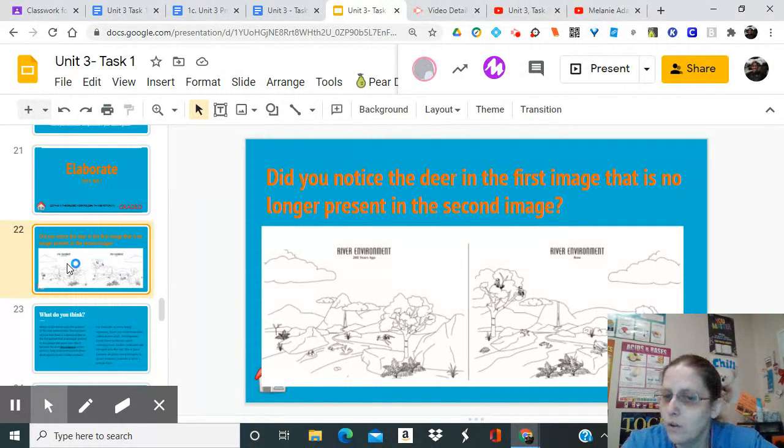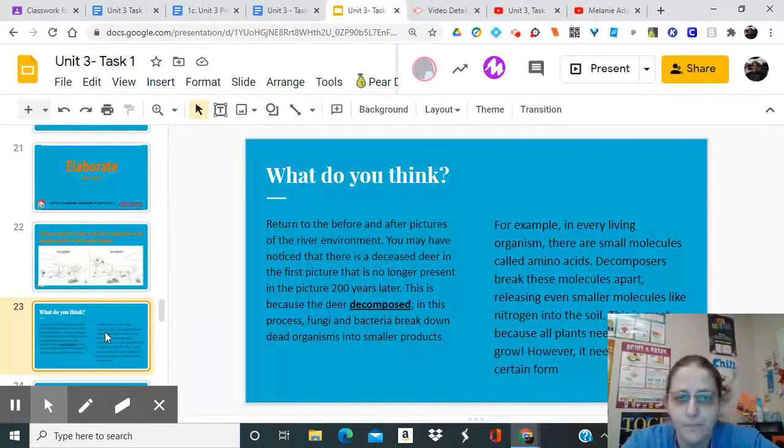The answer is yes. We all noticed that because you guys are awesome. So think about the deceased deer. Think about the deer is not there because it's decomposed. And in that process of decomposing, fungi and bacteria have broken down that organism into smaller byproducts. All right.